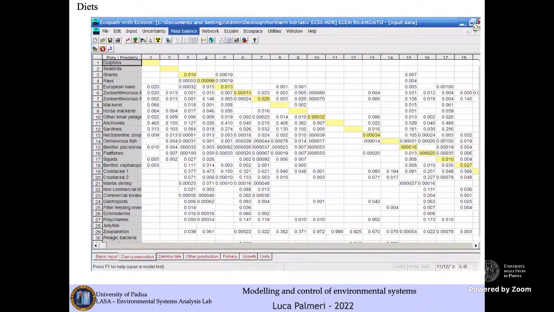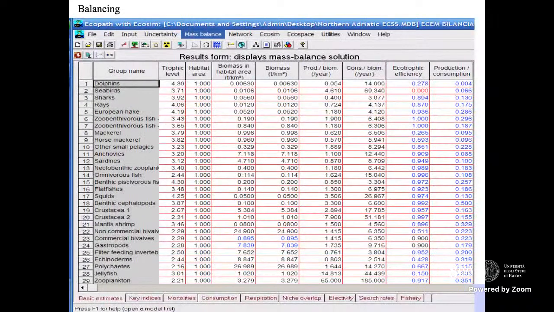And then, after clicking on balance, you end up with a prey-predator matrix that links the effect of predations, and you have to check that all the parameters that are calculated, in particular ecotrophic efficiencies for each compartment, make sense.